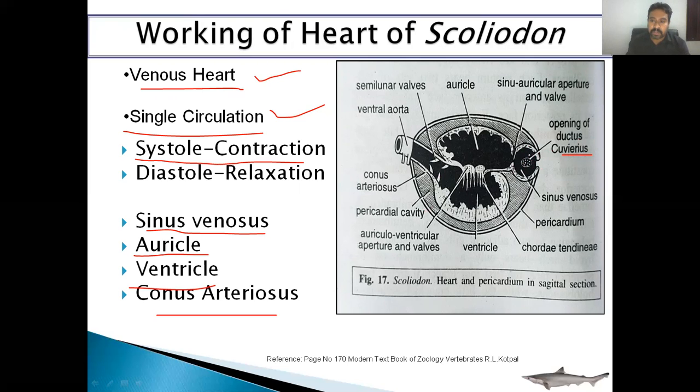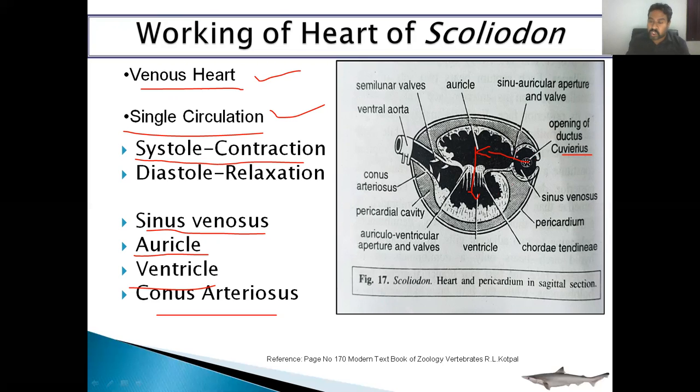Now the sinus venosus contracts, that is systole, so the blood goes to the auricle because the auricle is relaxed. Now the auricle contracts, systole, and the blood goes to the ventricle. Why? Because the valves present in the sino-auricular aperture prevent the backflow of blood.